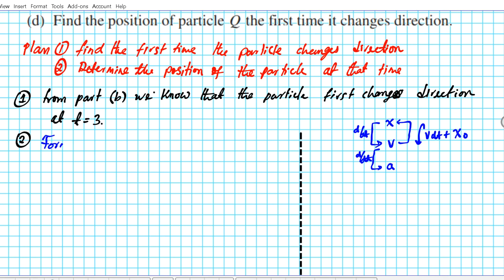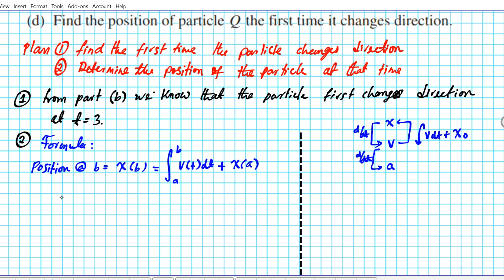It's going to involve an integral for finding the position of a particle at a time B. The position at B is equal to the integral from A to B of v of t dt, so the displacement, plus the initial position, which is x of A, like that. Okay, so that's how we're going to do it.